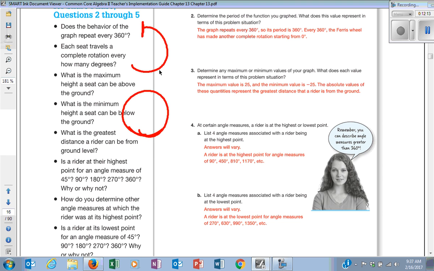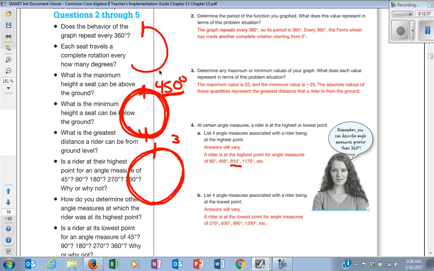Now I rotate 360, then I go up another 90, so that's the 450 degree mark, because the person started here, went one time, which is 360, plus another 90 is 450. Then the next one right here, how did they get that number? They went one rotation, two rotations, and then halfway back up. So that would be 360, 360, and then a 90, and then again they would be back up at the top. That's how they're getting all these numbers right here.